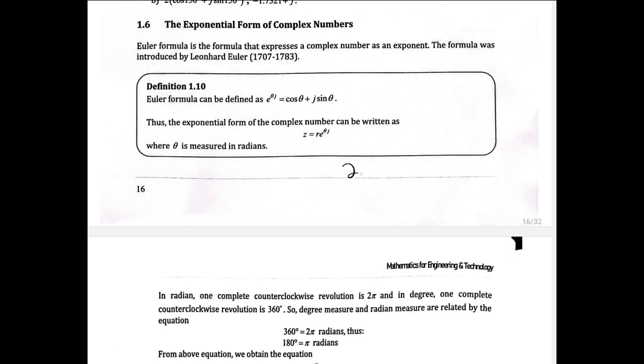Z equal to r times cos theta plus j sin theta.